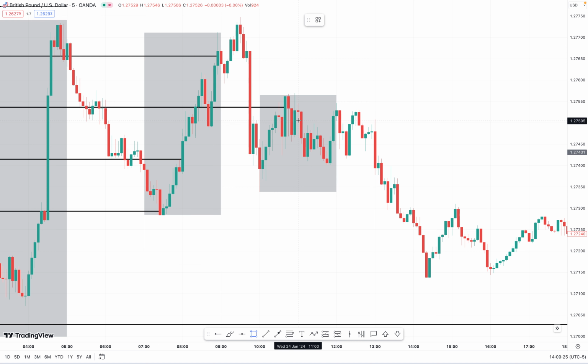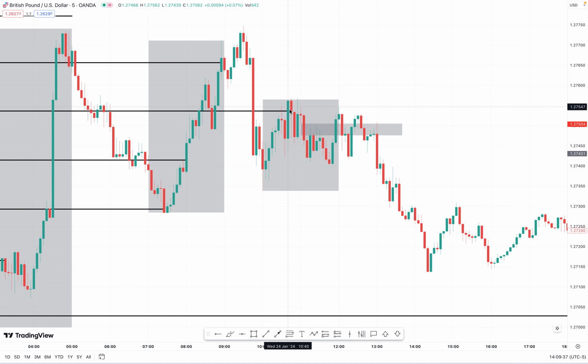If you have to trade off this fair value gap, you still have the context of you're going towards the open, but I just don't like it because it's already taken out highs multiple times. Even though you're in this fair value gap, it could still be valid, but to me, I wouldn't want to take this.